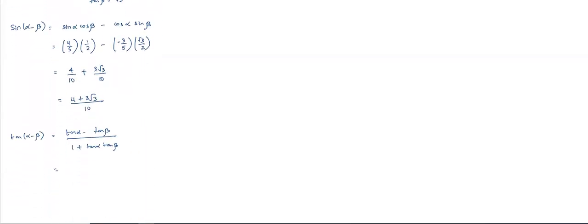So negative 4/3 minus tan B that we found out was √3, over 1 plus negative 4/3 times √3. Now can you see that 3 is a common factor? I'm sorry, common denominator. So I multiply throughout by 3. So what happens is my first term becomes negative 4 minus 3√3 over 3 minus 4/3. And that will be my answer.